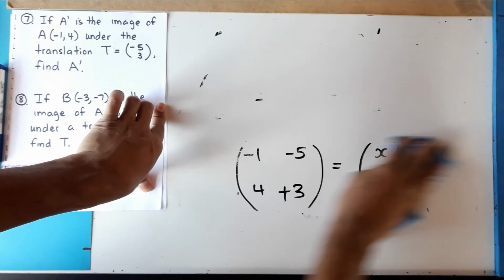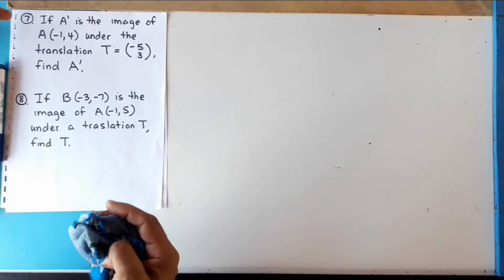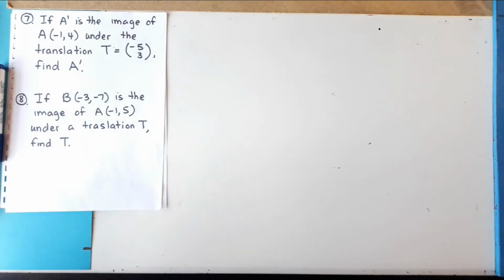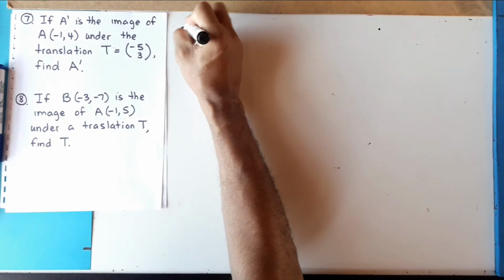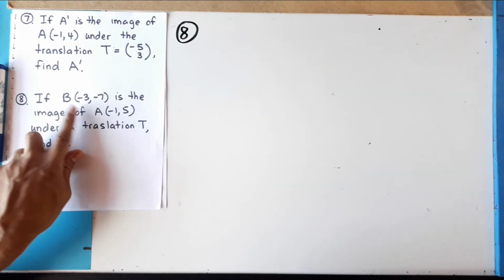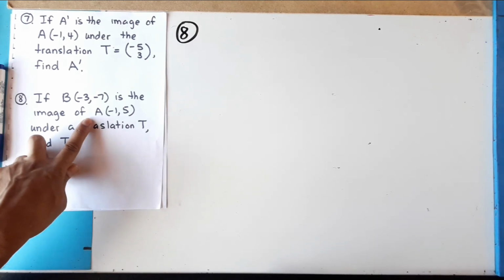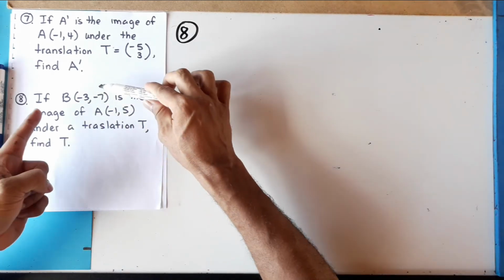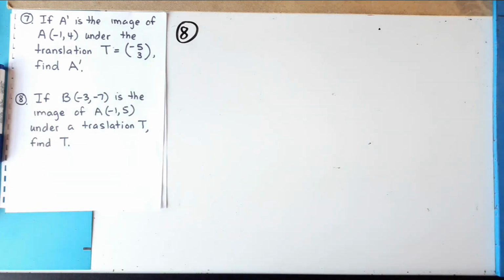Alright, so I guess the aliens really knew what they were doing, right? Question 7 is setting the stage for question 8. 8. So, if B is the image of A, right? So B comes after A, after you apply the translation.